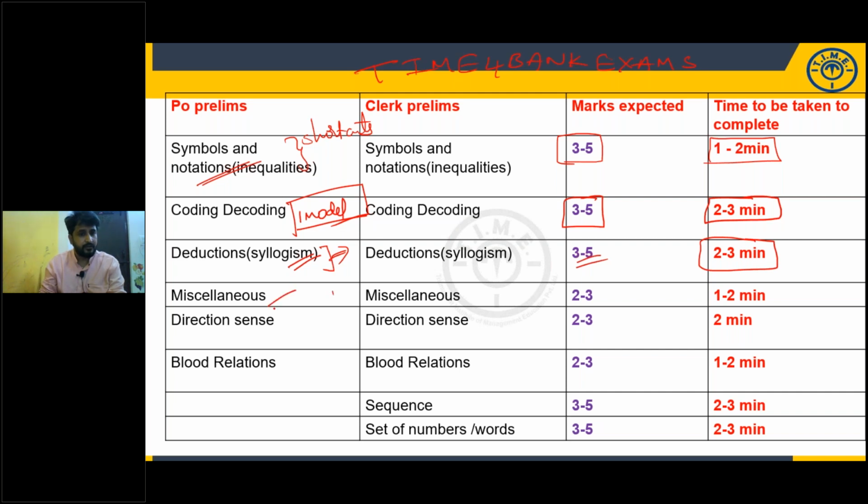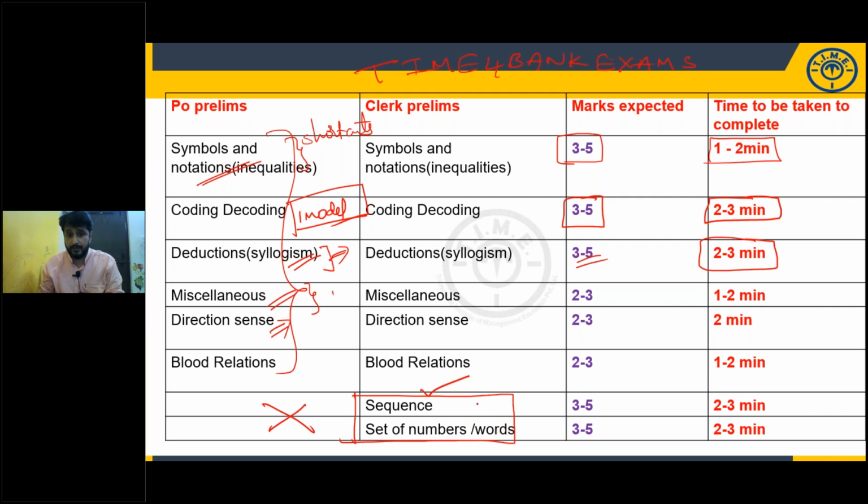Miscellaneous questions. There is a 1 hour video regarding these miscellaneous questions. All different kinds of miscellaneous questions are available on our YouTube channel. Please watch that. Always a standard pattern will be given in direction sense, and those questions are available on our YouTube channel. All these models are available, and these two models especially will be given in clerical prelims, not in PO prelims, only in clerical prelims.